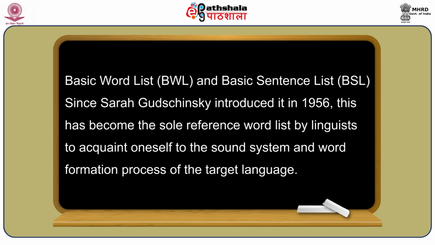However, there are a little less than 200 basic words. The list has become the sole reference point for linguists across the globe to start fieldwork. So I would request that you also start your fieldwork by referring to this basic word list, which has already been given to you in module 7.